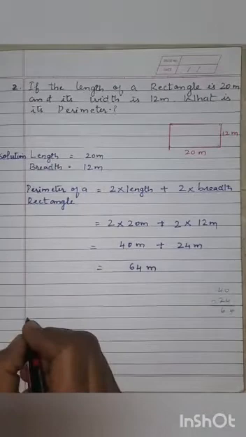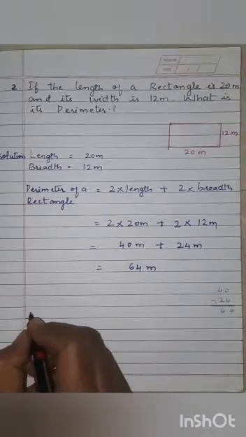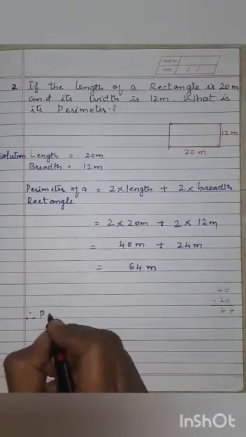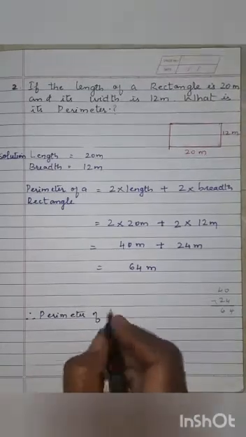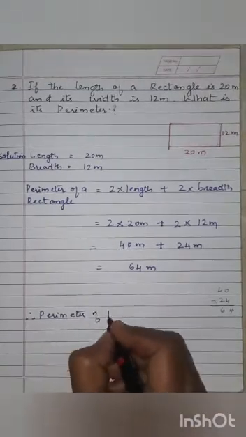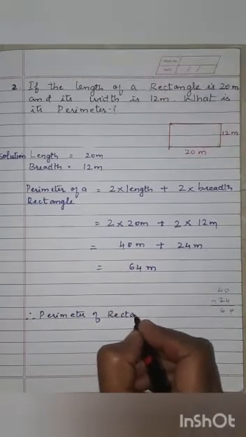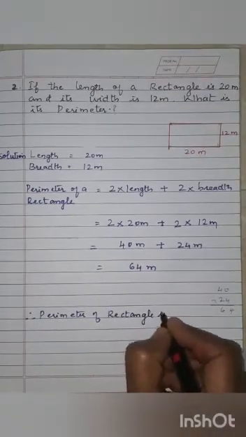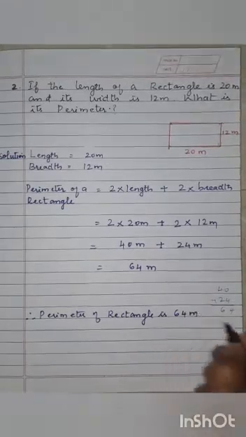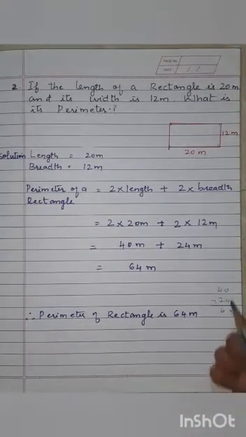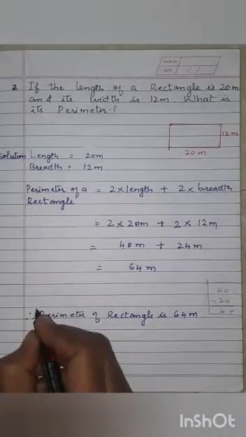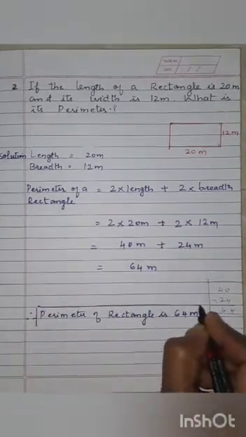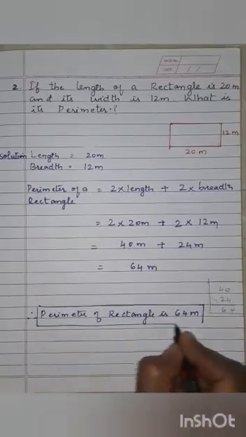So final statement you will write it as therefore perimeter of rectangle is 64 meters. So in this way you are going to write down and put that answer in the box.